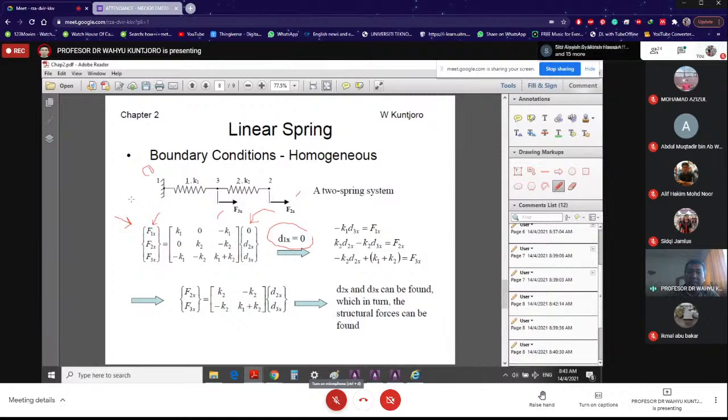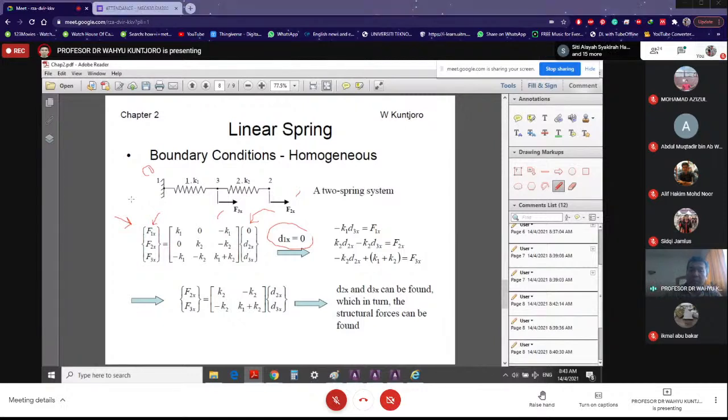Actually, if I say that f1x will not be zero, that is wrong. f1x can be zero. I repeat again, f1x can be zero. What we cannot say is that it has to be zero because it is a reaction. When you got a reaction, it can be zero.